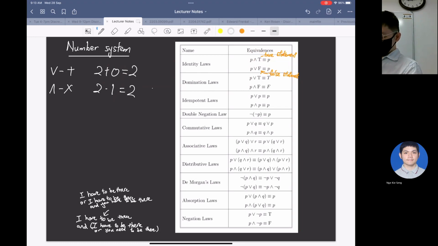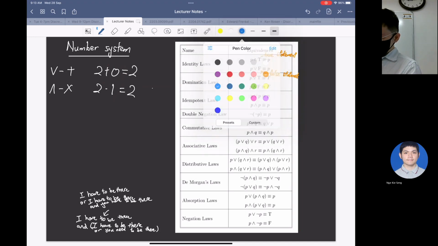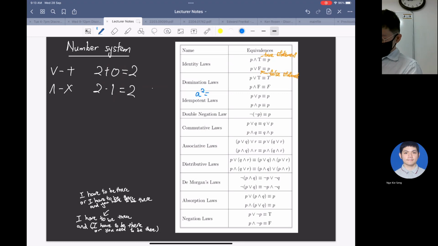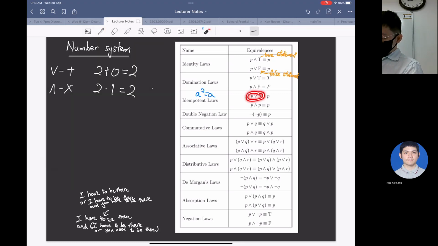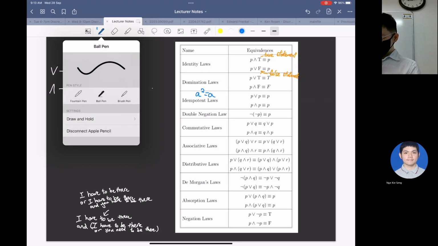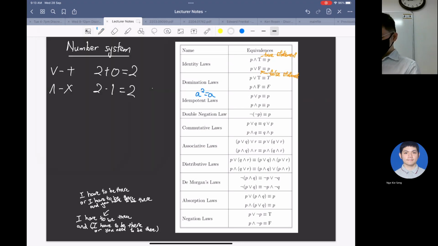And idempotent is something that squares to itself. So P or P, you give yourself. P and P, you give yourself. And double negation law, actually, I used it last week secretly. You need to show that a negation of a negation goes back to the original proposition.